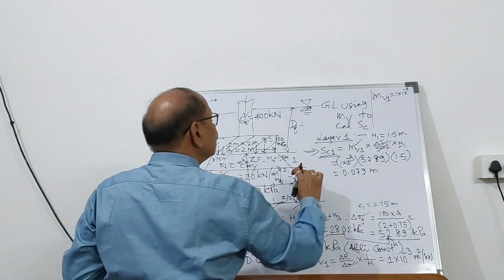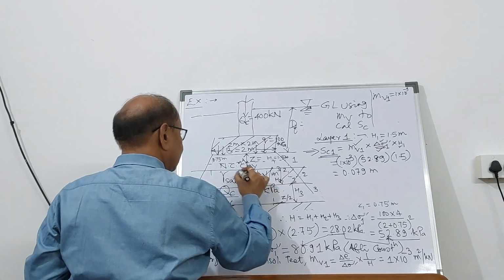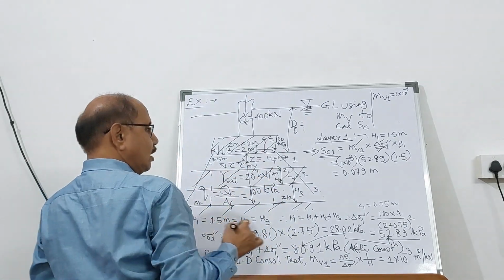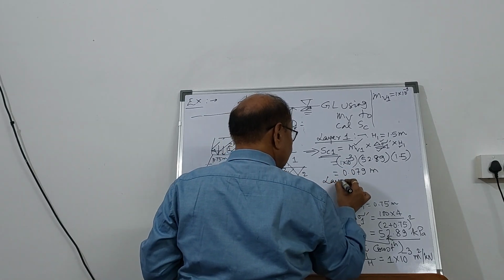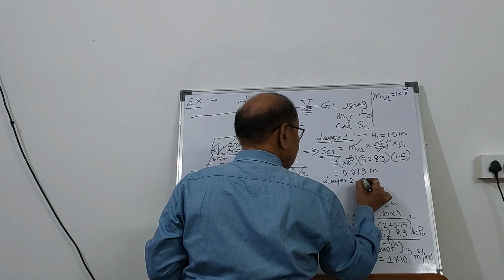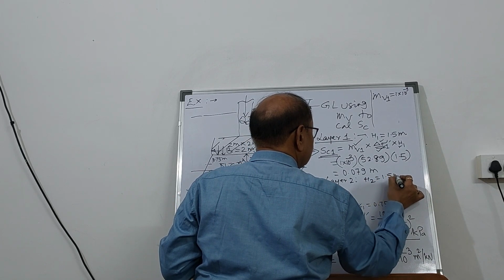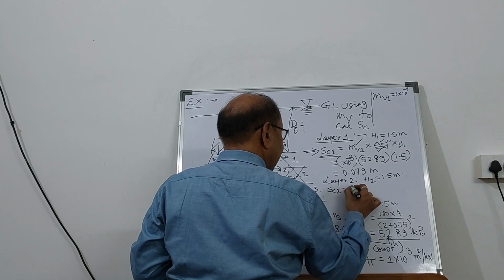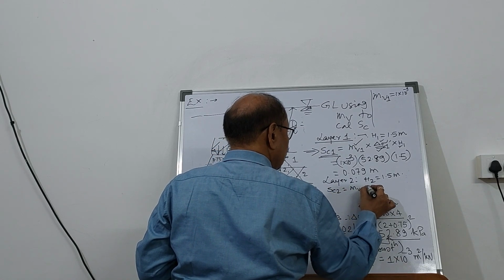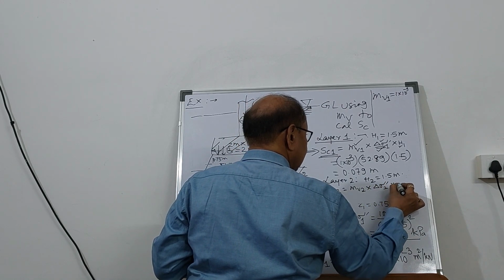Similarly, I have to go to layer 2. This is my layer 2 now. So if you go to layer 2, H2 is going to be 1.5 meter and SC2 will be MV2 multiplied by delta sigma 2 prime into H2.